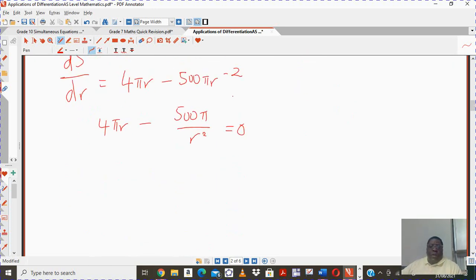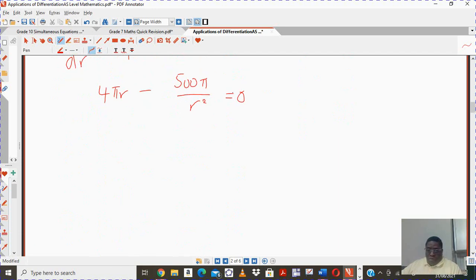Right, so we said let that derivative equal to 0. So from here on, it's just a matter of doing a little bit of algebra work. So in order for me to get rid of the r squared, I'll multiply here by r squared, here by r squared, and here by r squared.